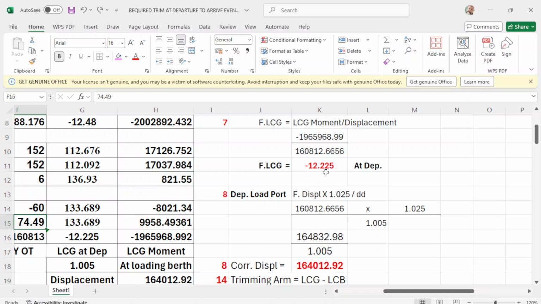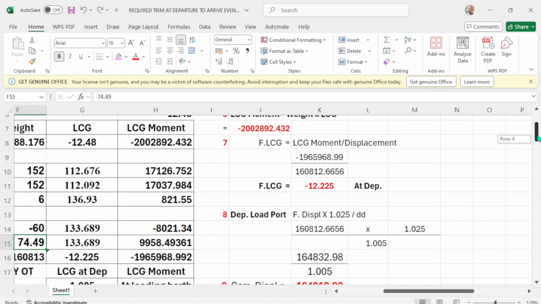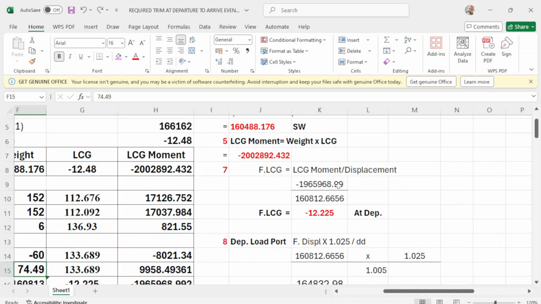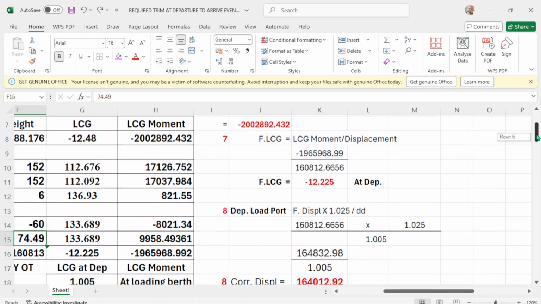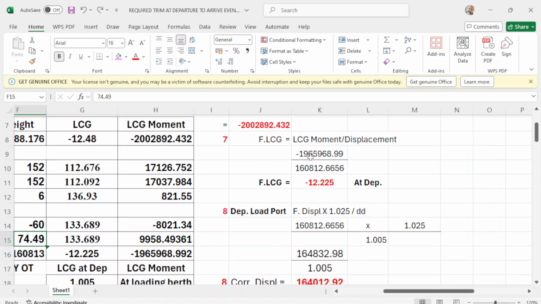Okay, so here your LCG moment is this one, 1965968.99. To get the final LCG is LCG moment over displacement.